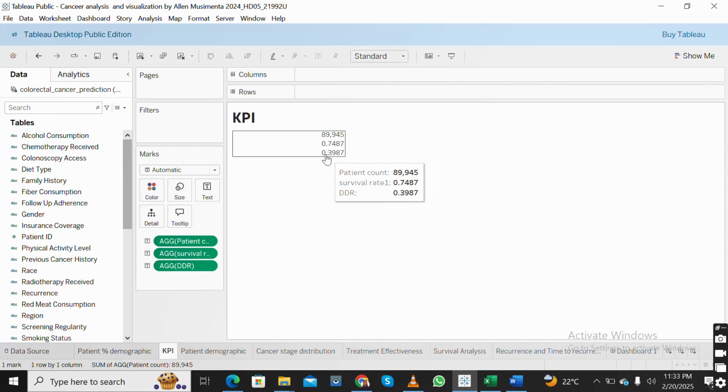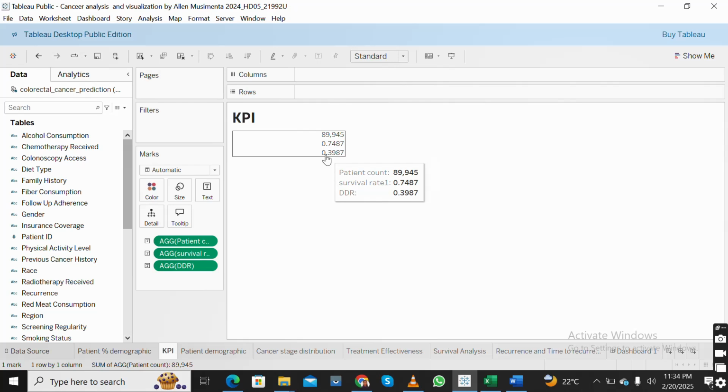So this is it. And then the last one is the delayed diagnosis rate. Of course, here we also apply an if function. With this, we're looking at the time to diagnose. All this was collected in the Excel sheet, where we have the time to diagnose, so we came up with an if function: if the time to diagnose is equal to delay, then we call that 1, else we call it 0.